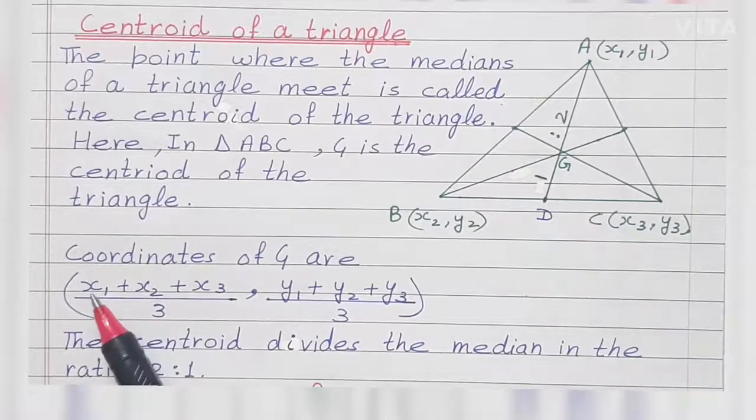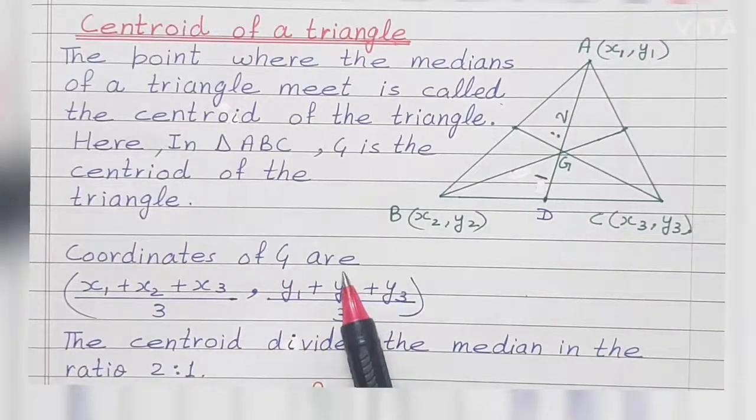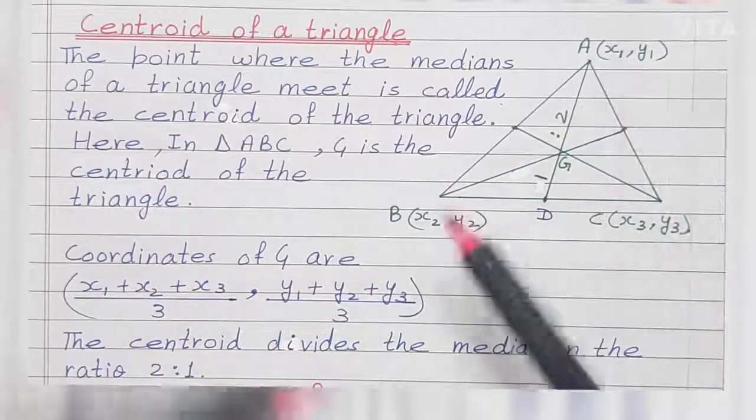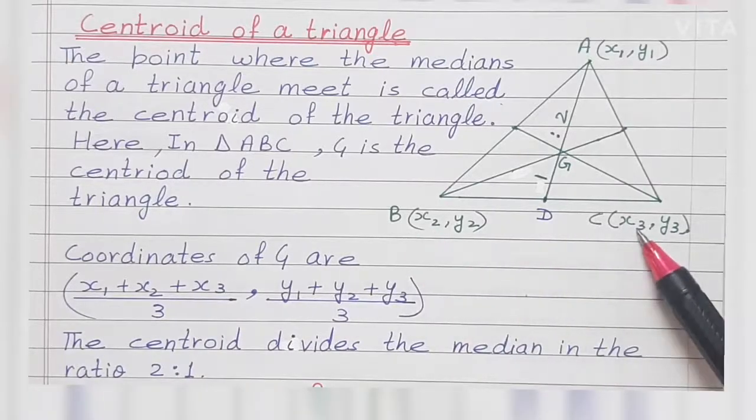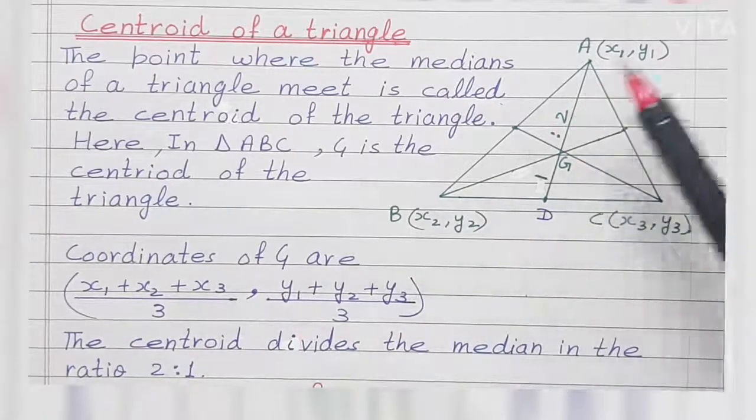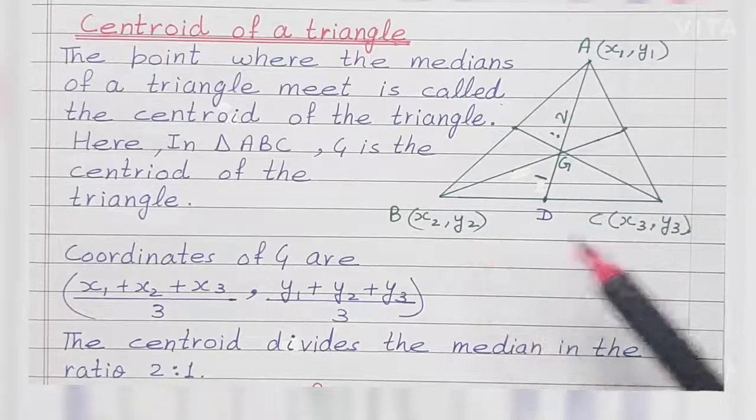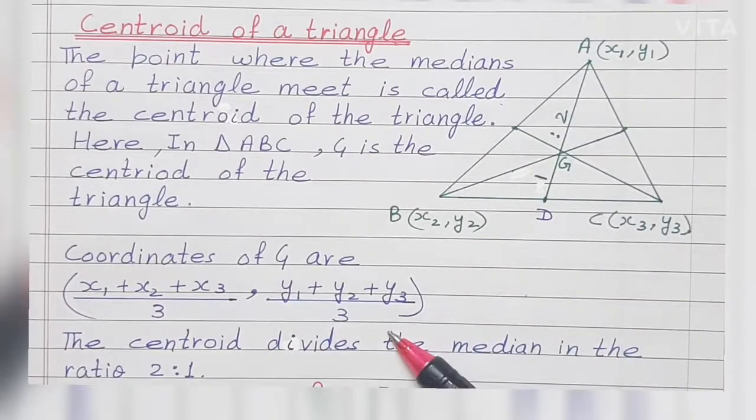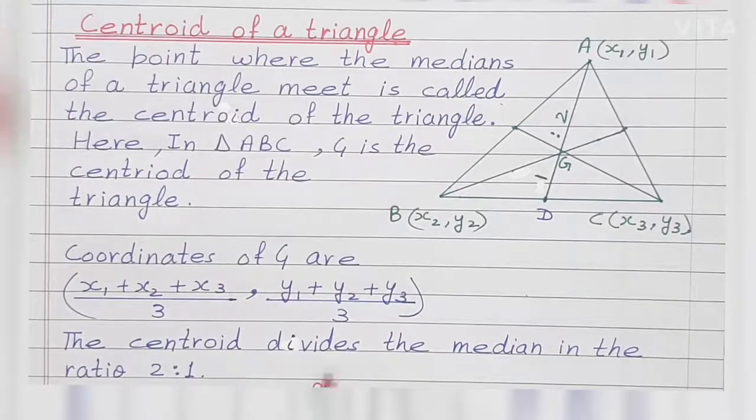So the coordinates of G are x1 plus x2 plus x3 upon 3, then y1 plus y2 plus y3 upon 3. Clear? And students, remember, the centroid divides the median in the ratio 2:1. I hope it is clear to everyone now.